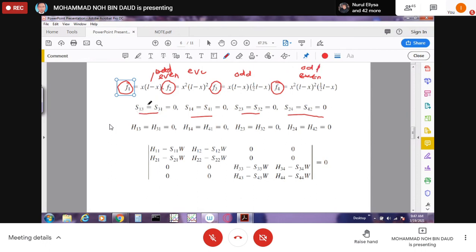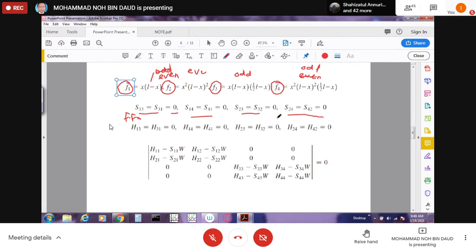The overlap of these functions, f1 and f3 here, is even and odd, so we get odd functions. When we integrate, it will be 0. And this is 1 4, even and odd, so we get odd functions, and the integration of an odd function will give 0. The same for this 2, with even and odd.